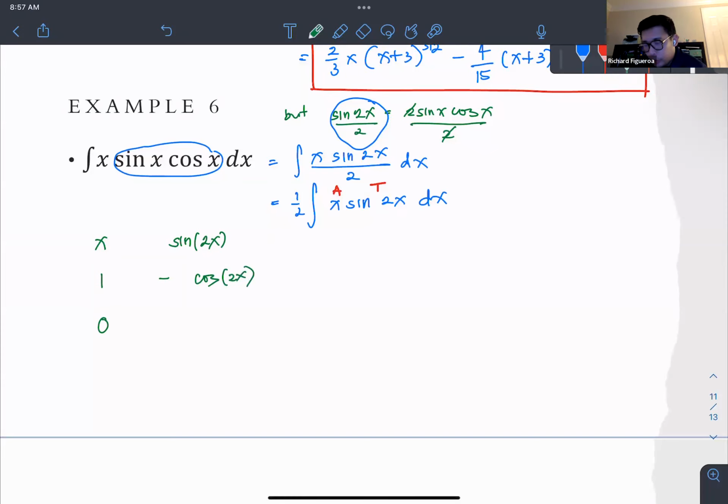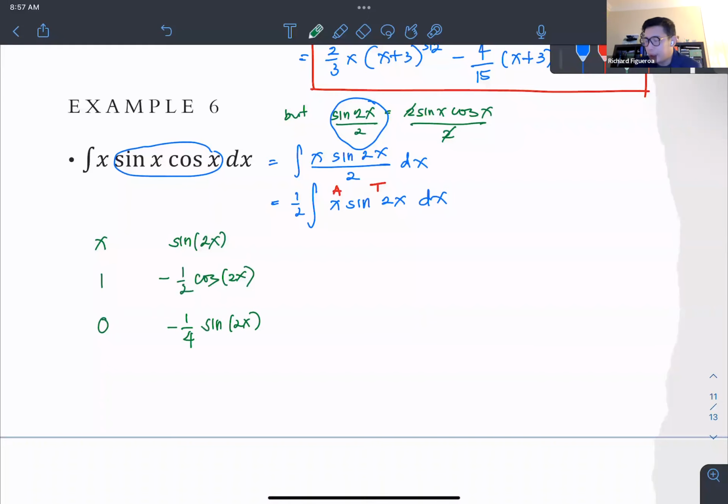Kaya lang meron tayong 2x. So therefore, ang integrating factor or ang neutralizing factor niya is 1/2. Tapos, what's the integral of cosine? It's positive sine 2x. So neutralizing factor nito, it's 1/2. 1/2 times negative 1/2, negative 1/4.